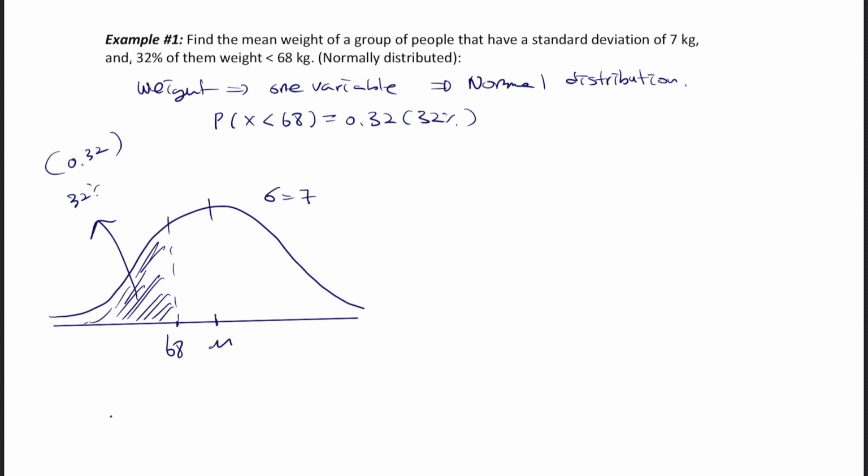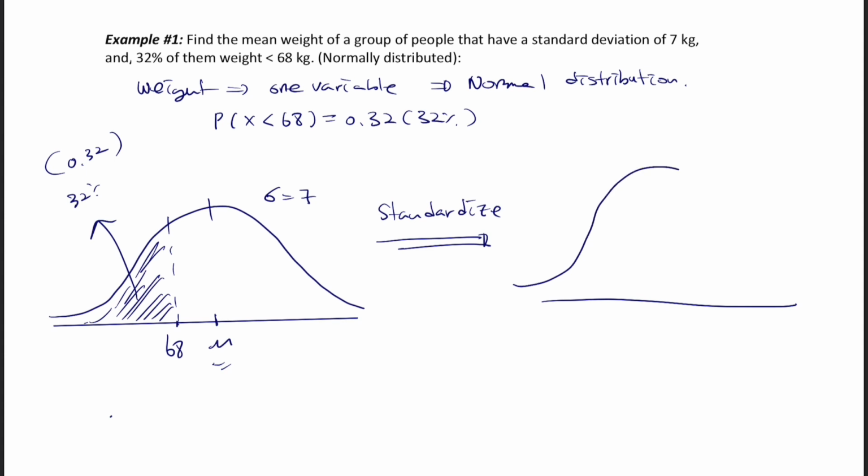Since we are trying to calculate the mean value, we have to standardize this information. Standardized means that we are going to push the mean to 0. So when we have standardized the graph, our mean value becomes 0, and instead of 68, we use z.